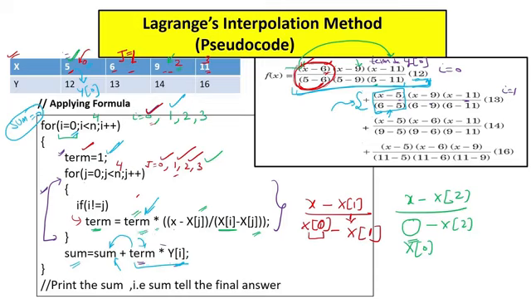If term has the previous answer, then this thing will be multiplied with this thing, which we do not want. So this line is important. So again you can see, the j loop is running from 0 to 3, and we are skipping when i is not equal to j. So i is 1, so we have to skip at this position, right?